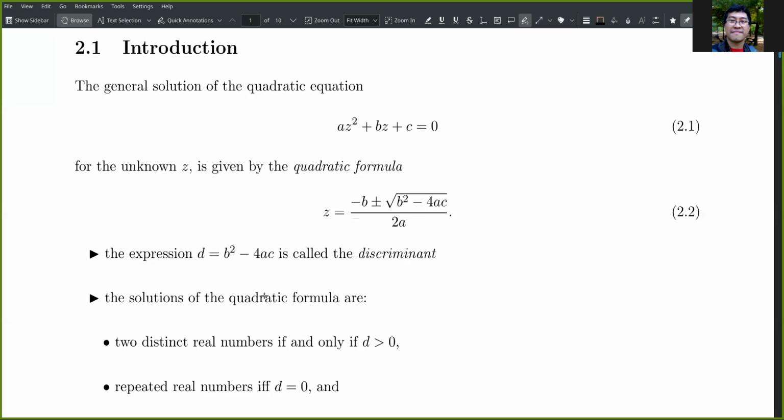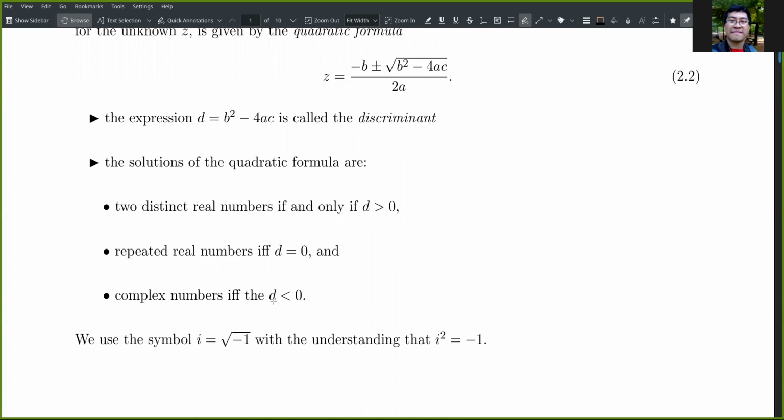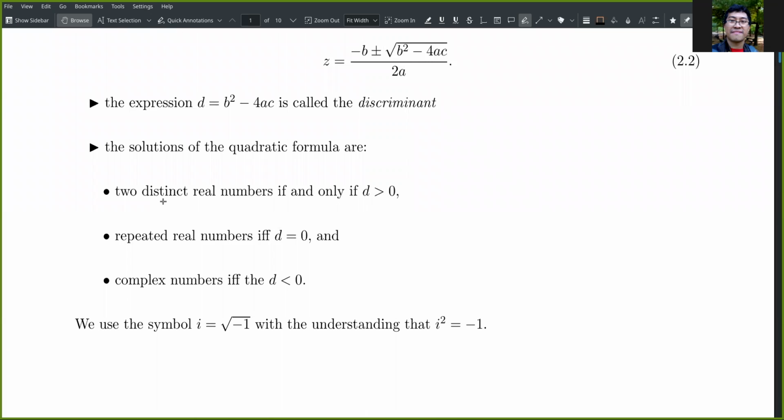The solutions are two distinct real numbers if and only if the discriminant is greater than 0. They are repeated real numbers if and only if d is equal to 0, and complex if and only if d is less than 0.